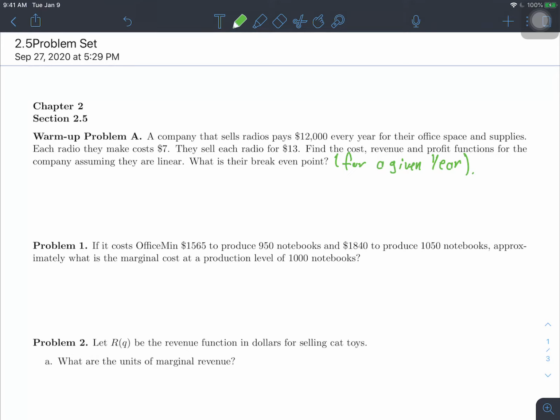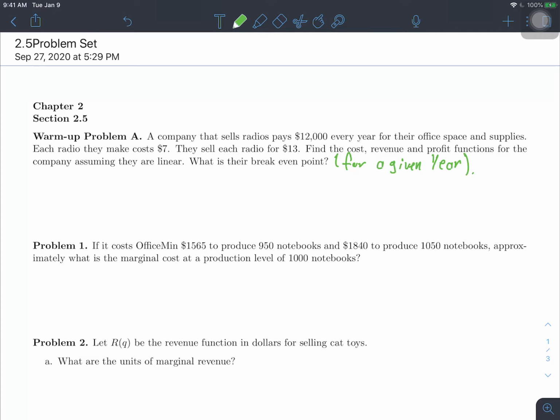We're supposed to find the cost, revenue, and profit functions for the company, assuming that they're linear for a given year. We're not going to attach a variable to this office space and supplies cost. We're going to consider that our fixed cost.